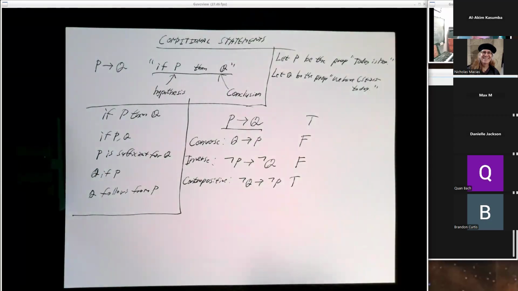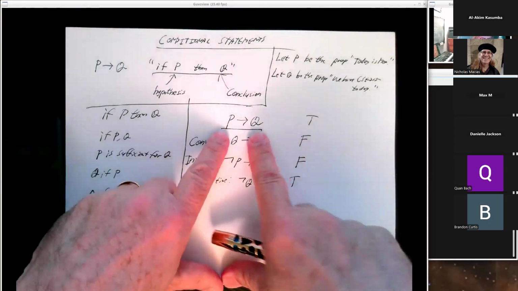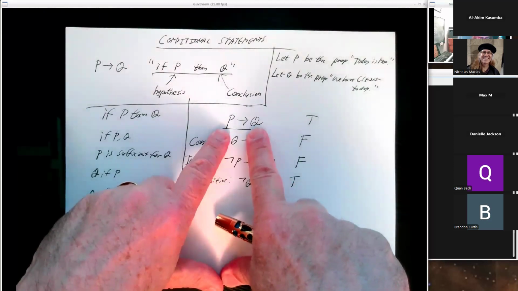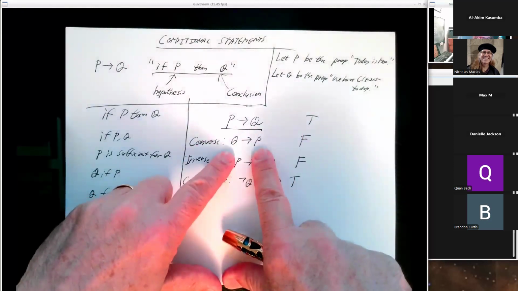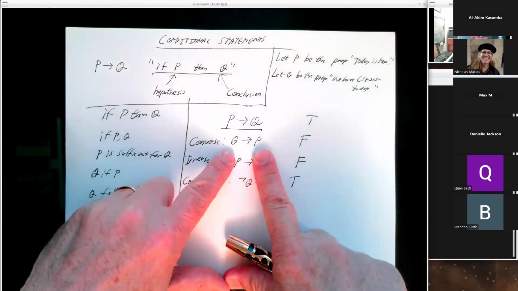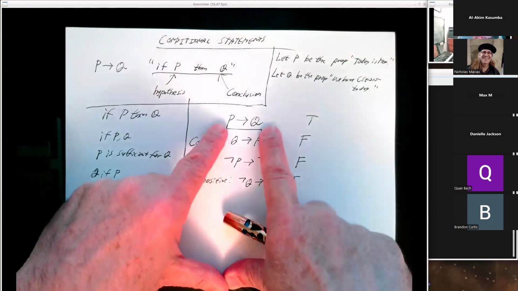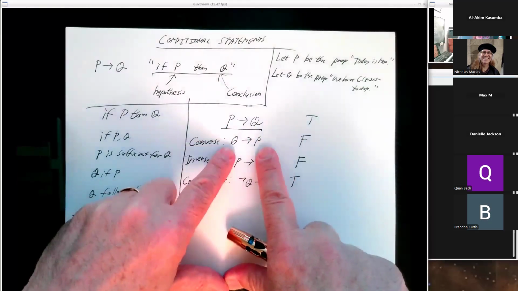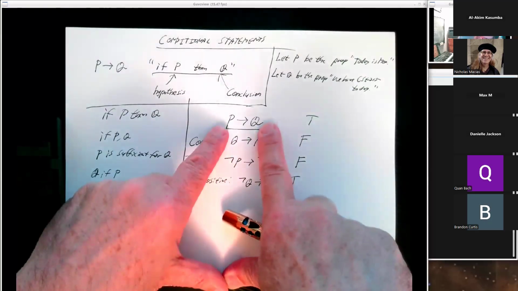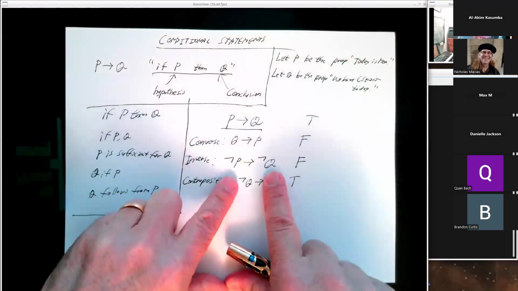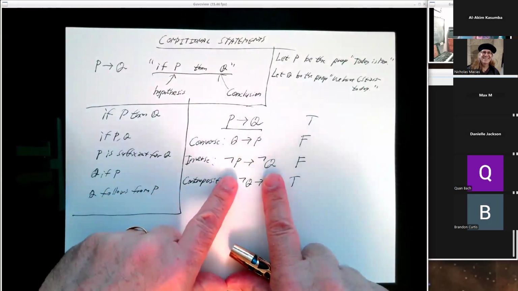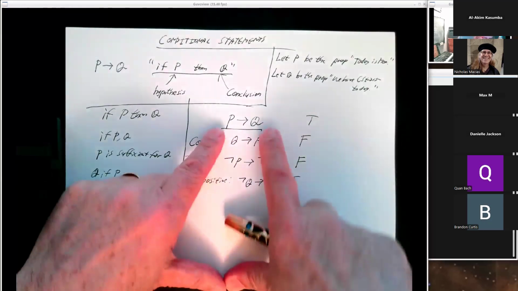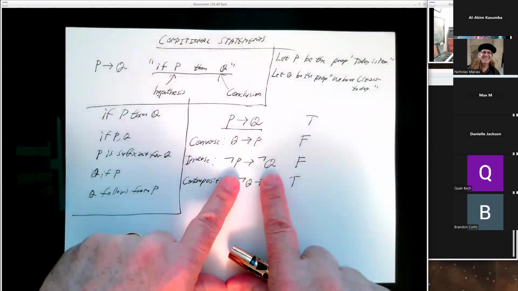So the punchline here is that this proposition is not the same proposition as this. It can't be, because I can find particular values for P and Q where this is true, but this is false. And this original proposition is also not the same as the inverse, because I can find values where this is true, but the inverse is false.